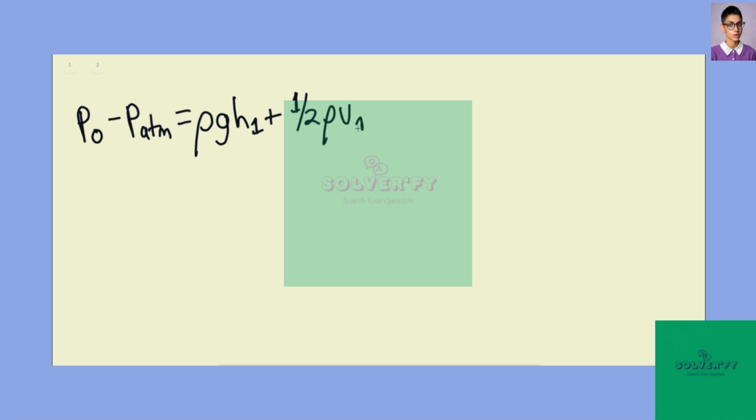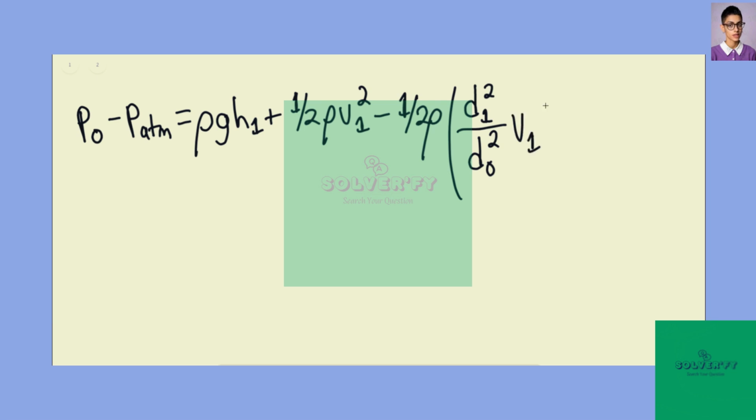So at this point, we can say that P sub 0 minus P sub ATM would be equal to the density times g h sub 1 plus 1/2 of rho, the density, v sub 1 squared, minus 1/2 times the density of d sub 1 squared divided by d naught squared, v sub 1, and this entire quantity would be squared.